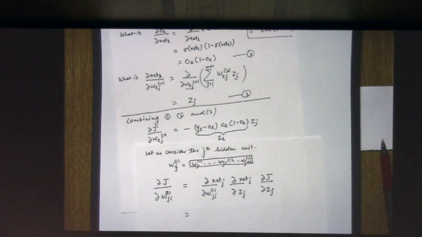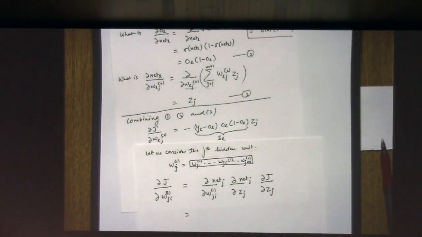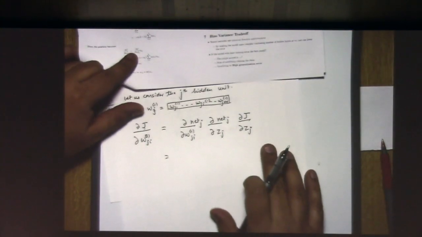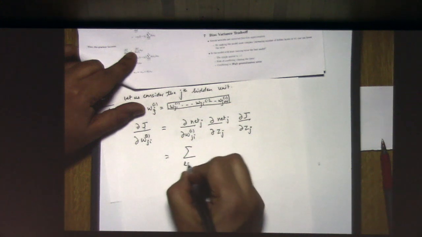But here we are just using hidden and output. So this actually can be written as, and this is where I'm not going to spend more time, but I just want to give you the general sketch.